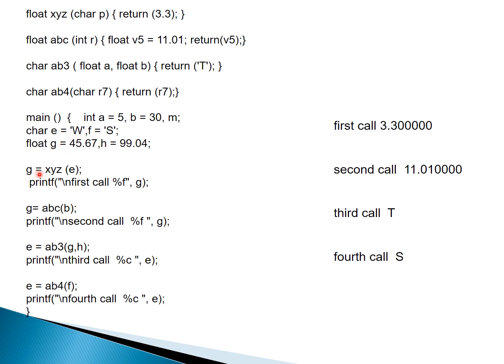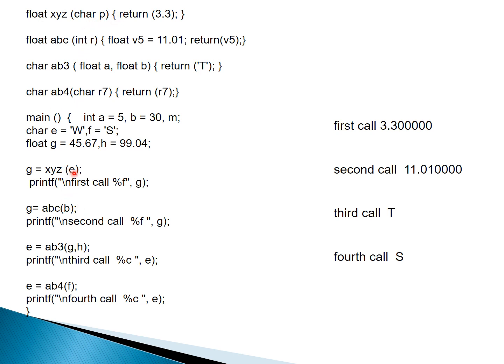So g, then the xyz function is called, and we know that this function receives a character variable, so we will pass a character variable. We have two characters, e or f, or we can send an immediate value. Whatever you send, it will return the float.